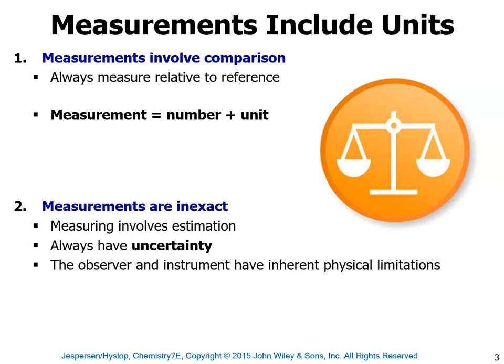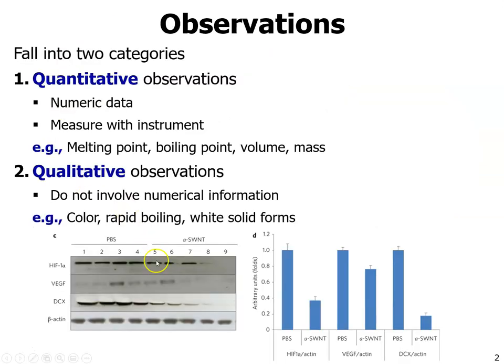So let's go back to that last example quick, and you'll see that with this Western blot, you don't necessarily have to have known what a Western blot is or what these things are. But what I want to tell you is that this beta-actin is a protein in all of the cells of your body, and it's just always there. So this is actually acting as a reference for this Western blot analysis. And you can see it's relatively the same each time, and it should be. That's the expectation.